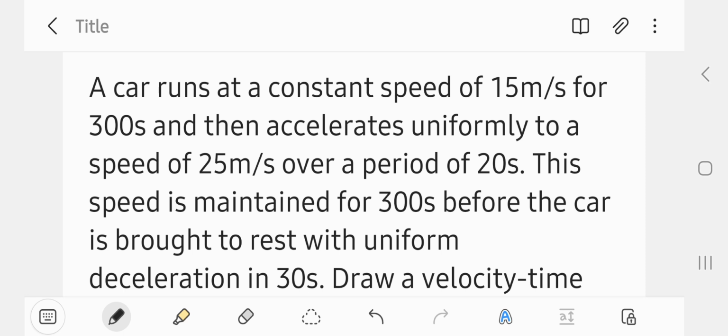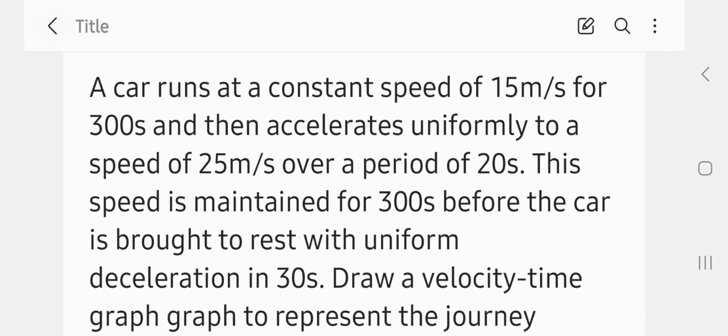This speed is maintained for 300 seconds before the car is brought to rest with uniform deceleration in 30 seconds. Draw a velocity time graph.